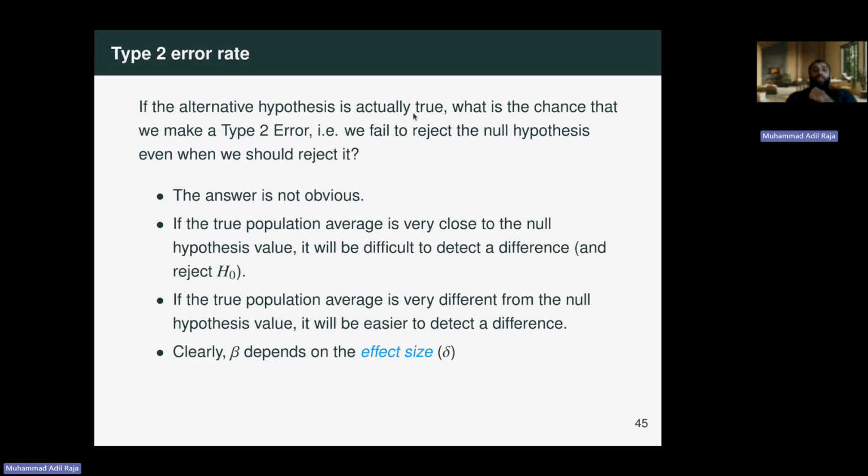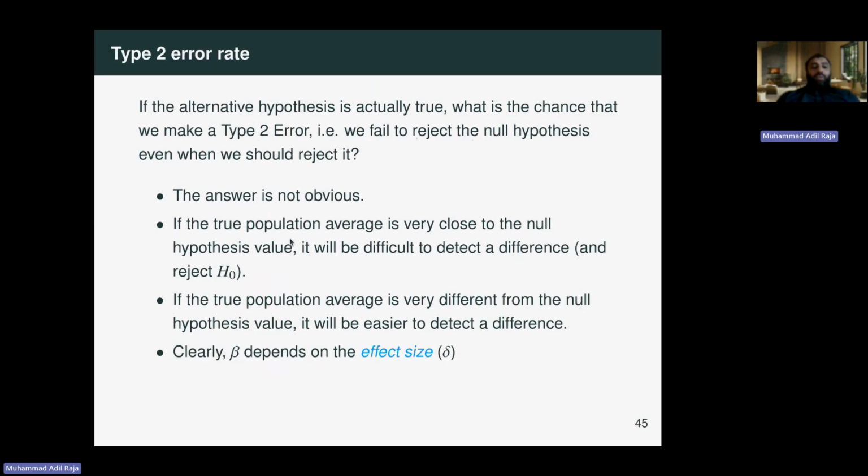If the alternative hypothesis is actually true, what is the chance that we make a type 2 error, that we fail to reject the null hypothesis even if we should reject it? So, in fact, the alternative hypothesis is true, and we failed to reject the null hypothesis. So we made the type 2 error. What is the chance for that?